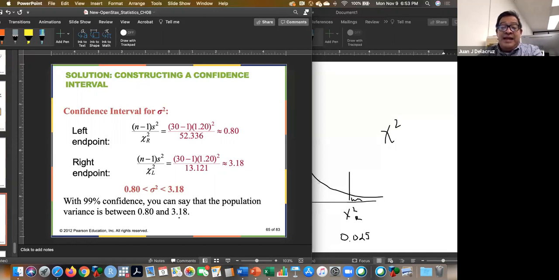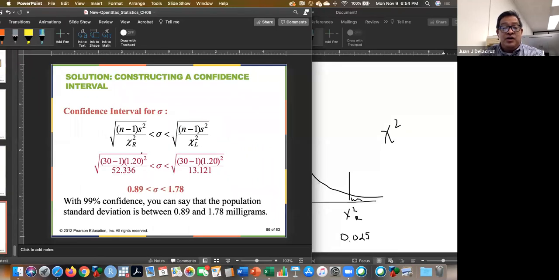All I know is that with 99% confidence, my population variance is between 0.8 and 3.18. If I want to find the standard deviation, I just take the square root of this and compute the values. If I already have the values, I don't have to do anything else, I just take the square root.